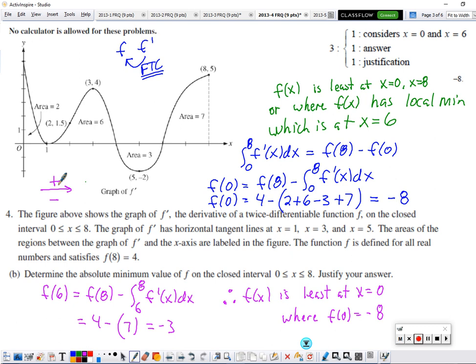Yes, so what you're saying is something like this. If they had given you a picture that looked like, if f prime were something like this, maybe. In this area we're 9, in this area we're 10.